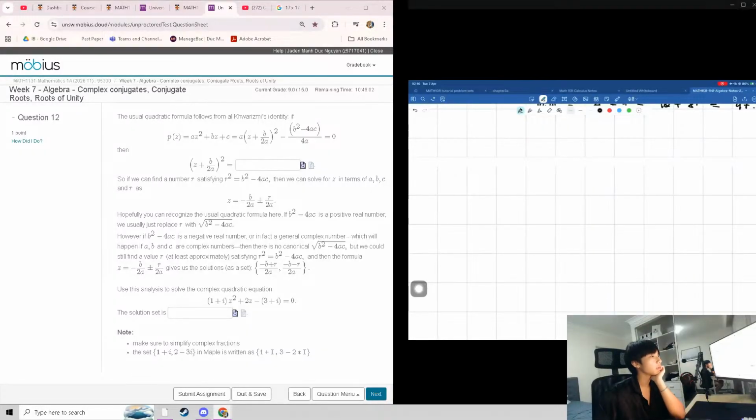Hey, I know that Z plus B over 2A squared is in the vector form X minus H squared, but I don't know what to write for that. And so when they wrote, hey, if we can find a number R satisfying R squared is equal to B squared minus 4AC, I also don't know why they're writing that.